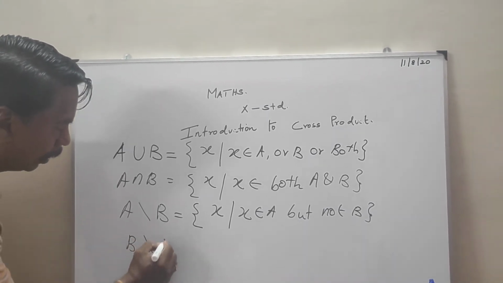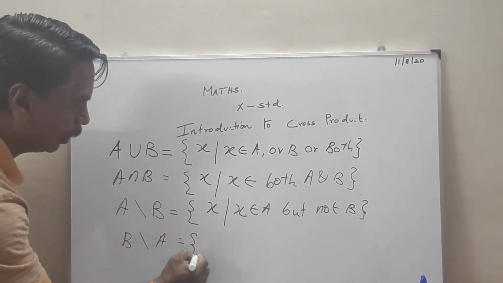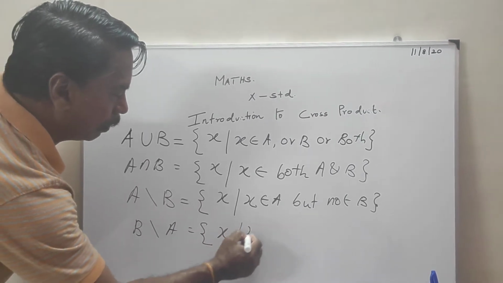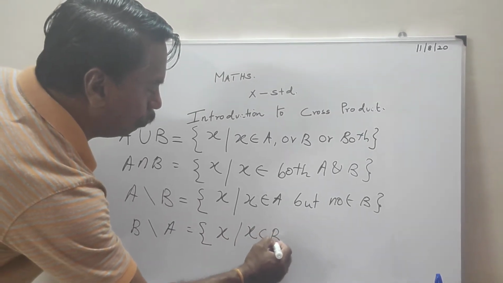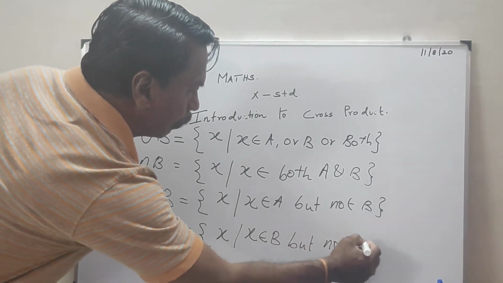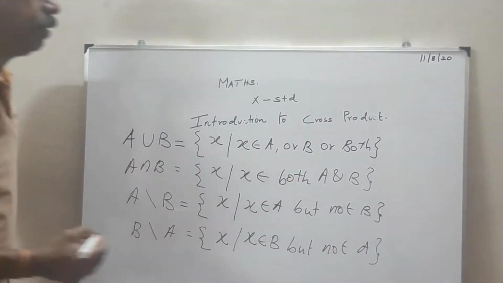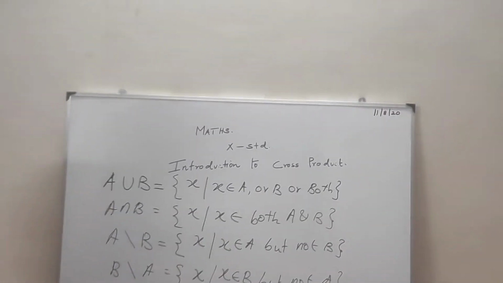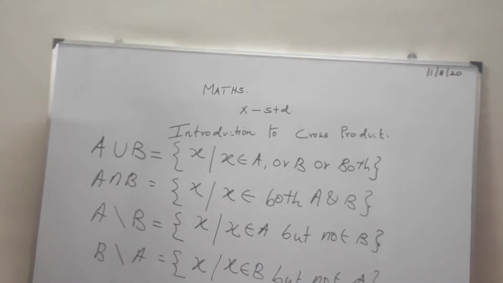B slash A is defined as X such that X belongs to B but not A. These are the four operations we learned already in 9th standard.